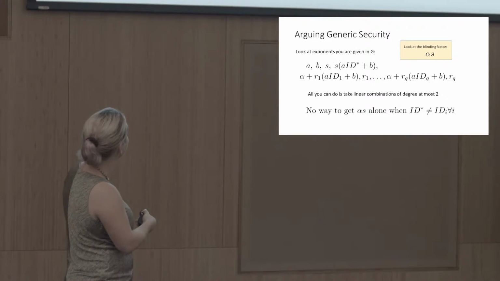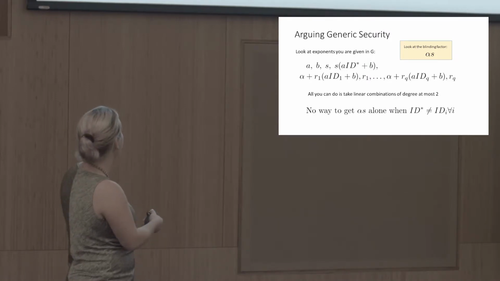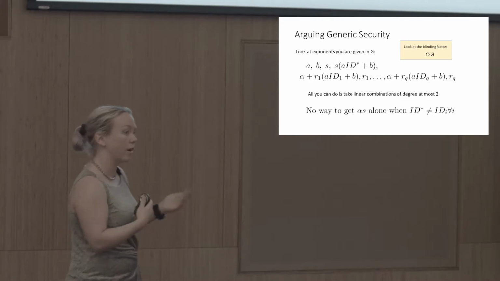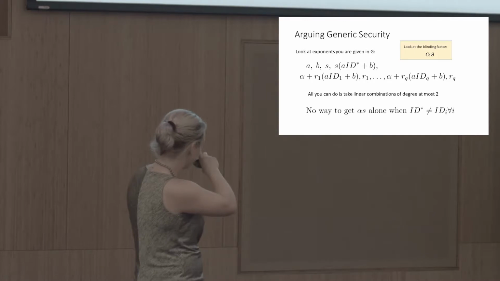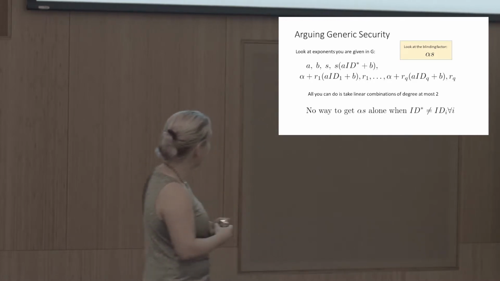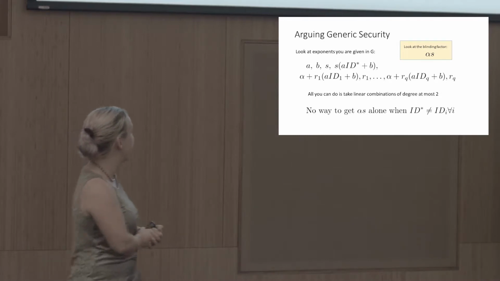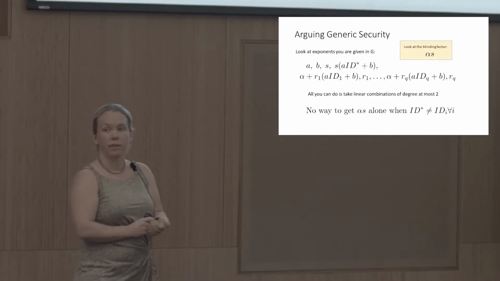So if you choose this S here, you get this extra stuff that comes along. You don't have this matching term to get rid of it. Same thing happens if you choose this S over here. It's got this matching ID star stuff. You just have no way of subtracting from the space of terms that you employ. And so we can play around with schemes like this, and we can argue that there's no way to get this blinding factor alone when ID star is not equal to any of these individual identities.